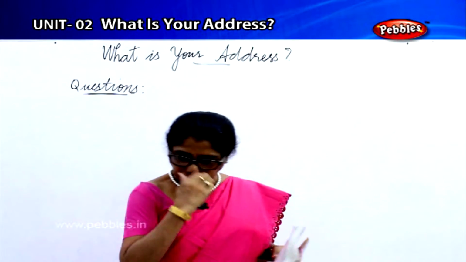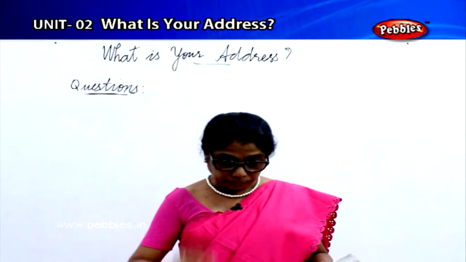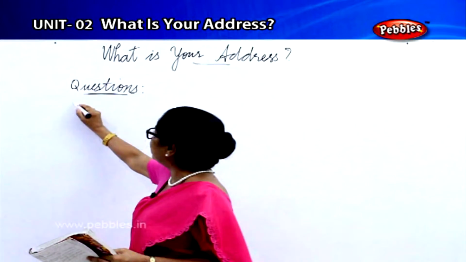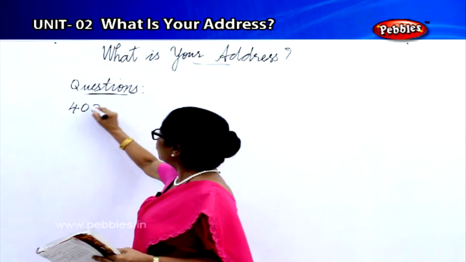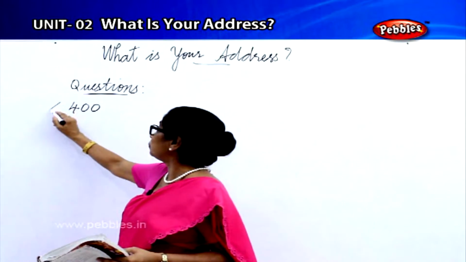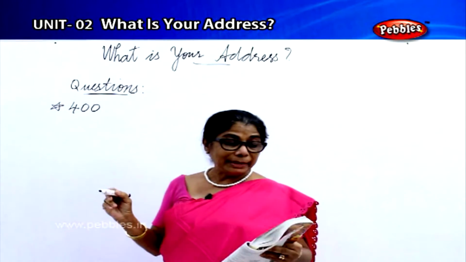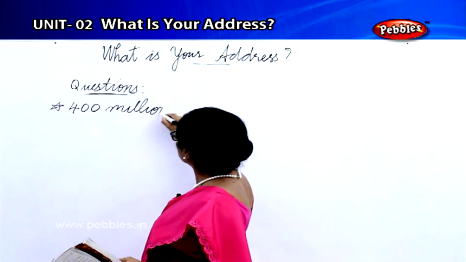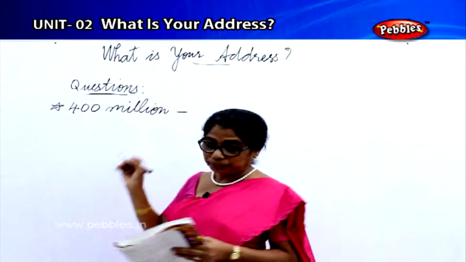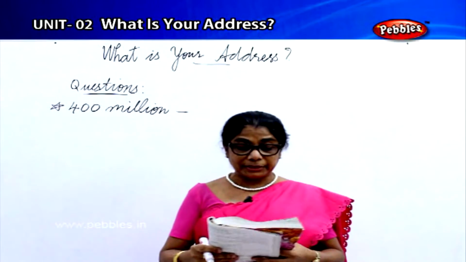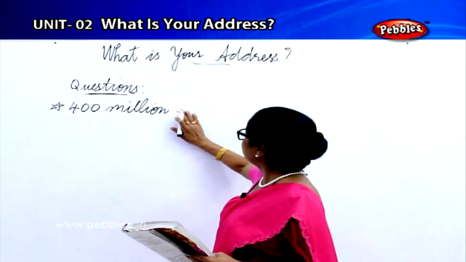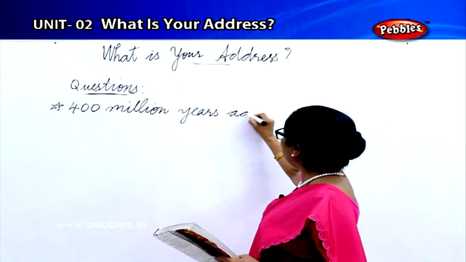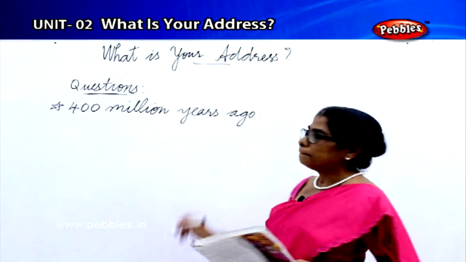The first one is 400 million years, okay? 400 million years. What evolved? What happened?